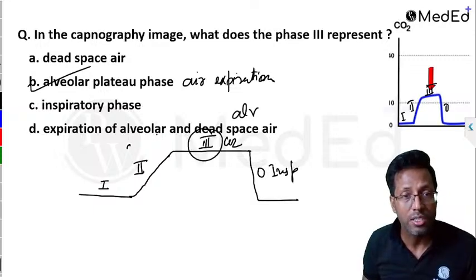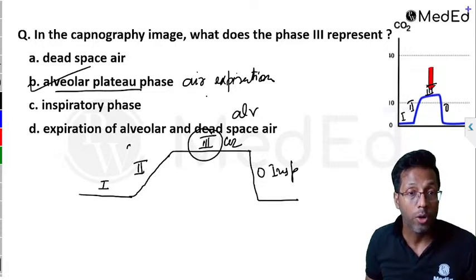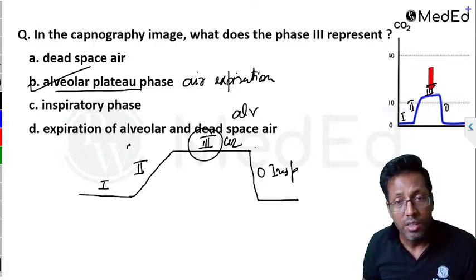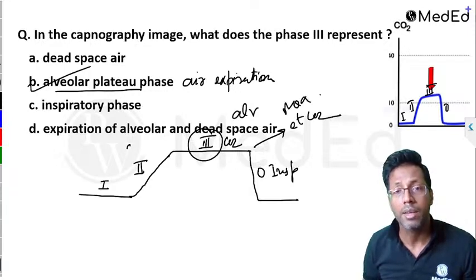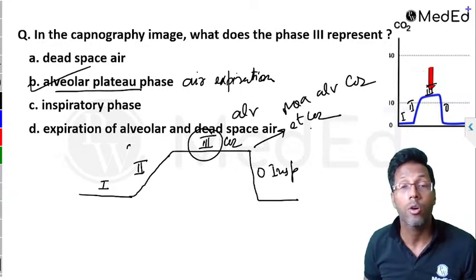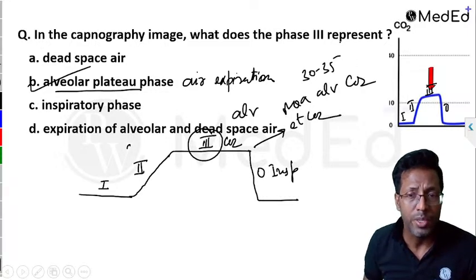Phase 3 is basically your alveolar plateau phase, where during expiration, all the alveolar carbon dioxide gets detected. In fact, the highest point is what is called the EtCO2. This is the maximum alveolar carbon dioxide detected, with a value between 30 to 35, almost the same as PCO2.